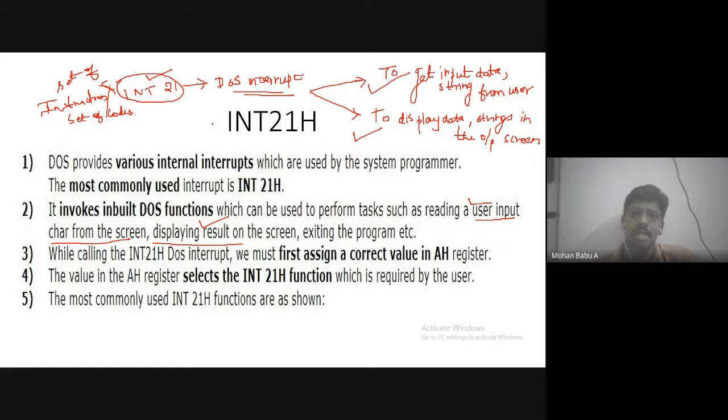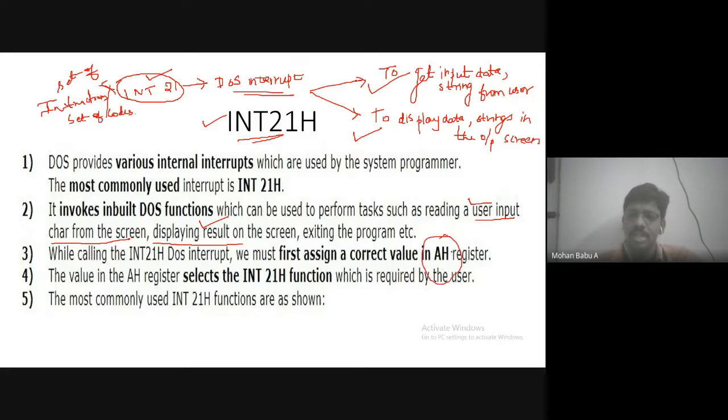System programmers mainly prefer INT 21 as the interrupt in 8086 to do these data functions: to get data, and to display data and strings in the output stream. And while calling the INT 21 DOS interrupt, we first assign the correct value in the AH register.